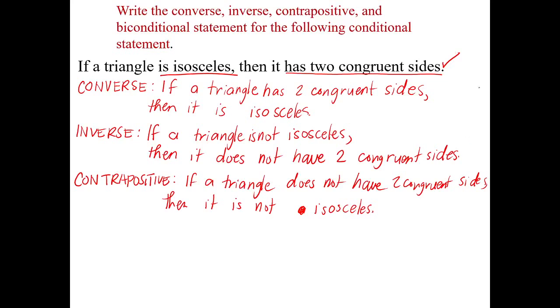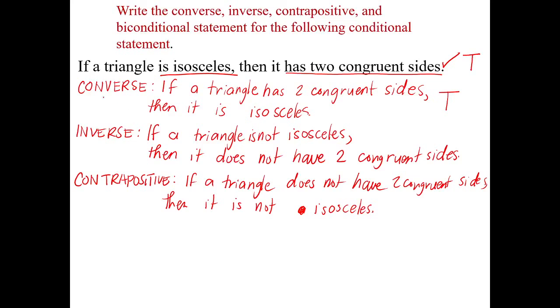True, sir. Because an isosceles triangle has two congruent sides. What about the converse? If a triangle has two congruent sides, then it is isosceles. This is also true. Now, this is what I always remind you, section Ruby.